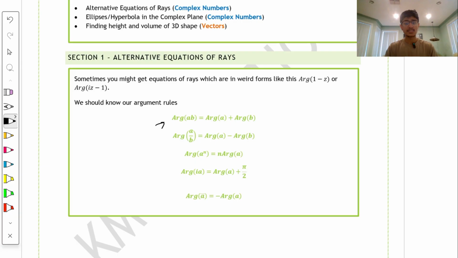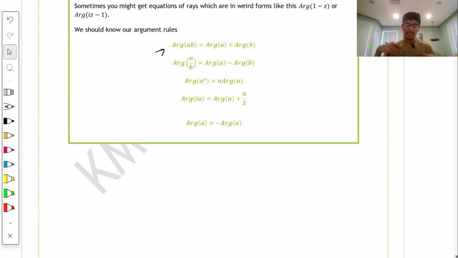The fourth rule is that the argument of iA is the argument of A plus pi on 2. So every time you multiply by i, you add pi on 2 to the argument. The final rule is that the conjugate of a complex number has the argument which is the negative of the original complex number. So those are the 5 rules. You'll see how we apply these in some questions.